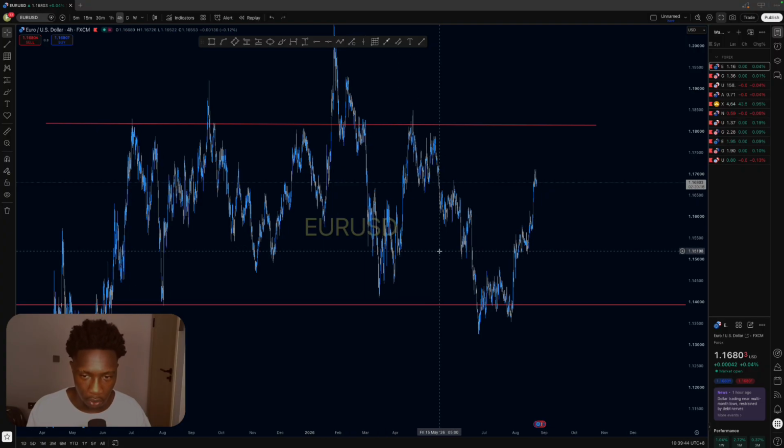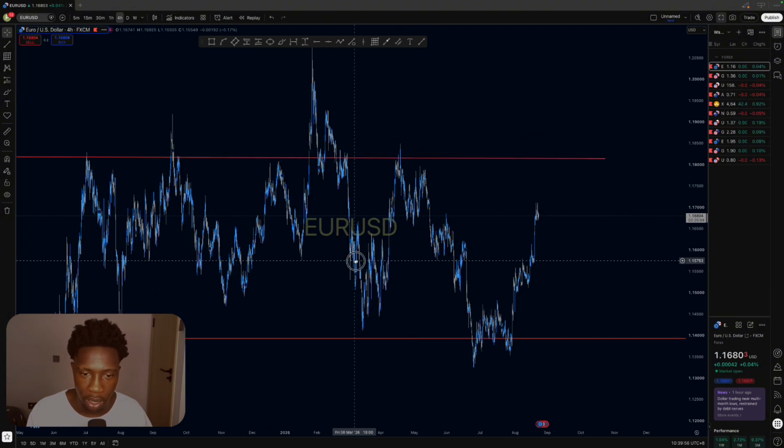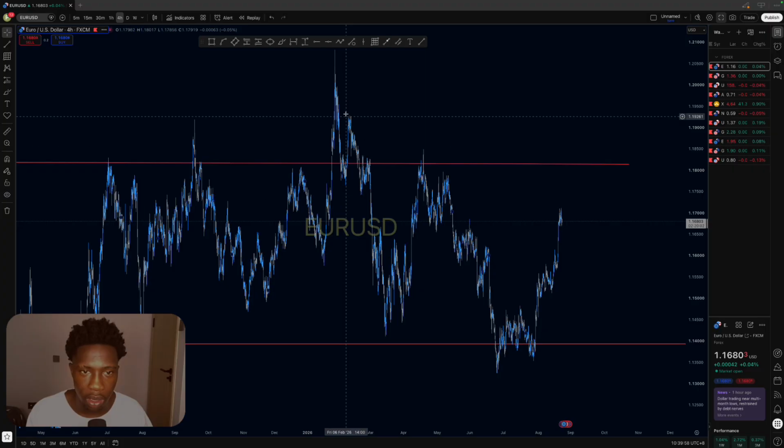So right now we want to check if we can see another thing that we need to take advantage of, because there are so many things to highlight here. We have this high.